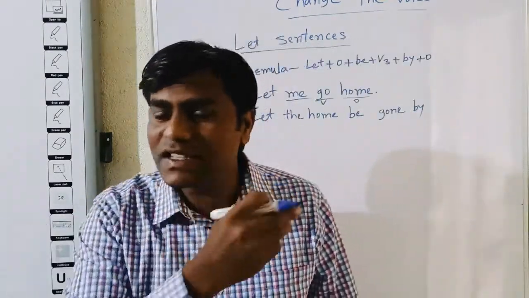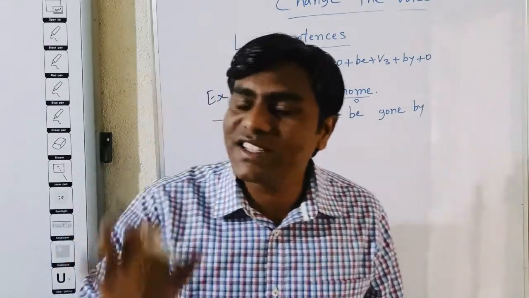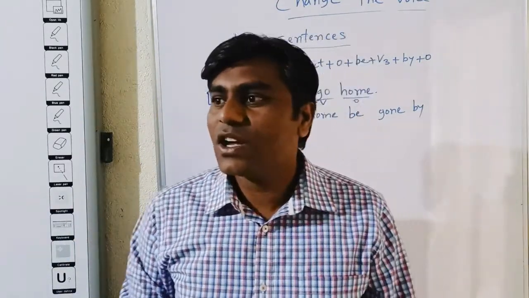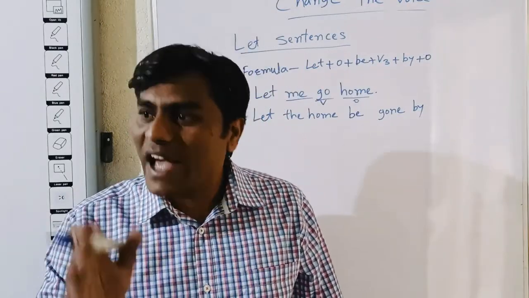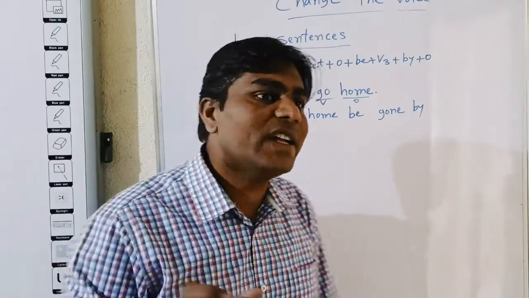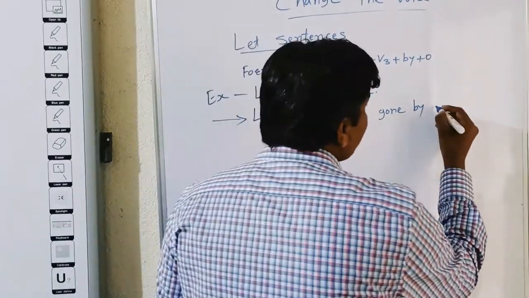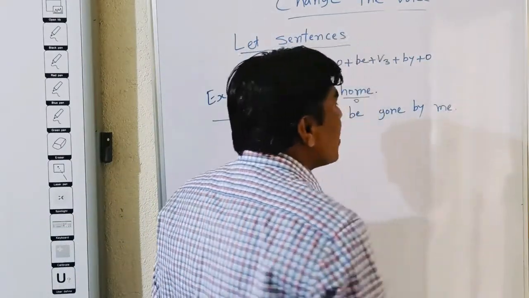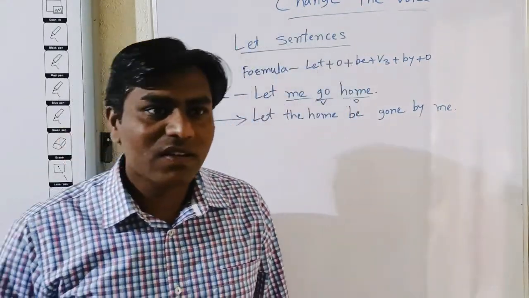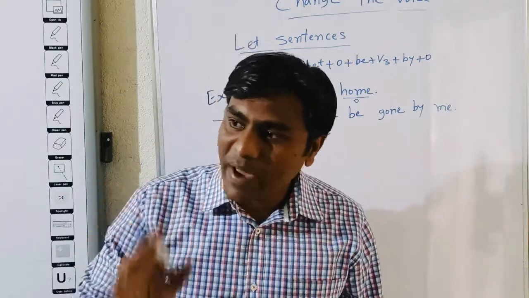So this me, we cannot change it into the passive. We have to keep it as it is, that me, in the passive voice. So we have to write me as it is here, because me is in passive voice.